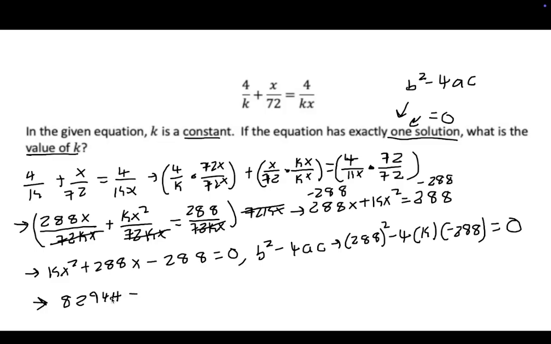Then 4 times negative 288, so negative 4 times negative 288, is going to be positive 1,152. So all going to be equal to 0. So minus 82,944 on both sides, because we want our k on the left side. Oh, I forgot to write my k there, so 1,152k is equal to negative 82,944.